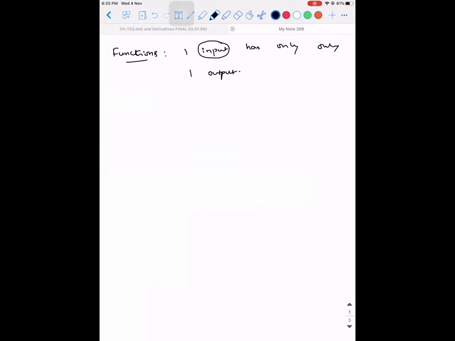That is, if you have two sets, A and B, with elements x1, x2, x3, and so on till xn, and y1, y2, and so on till yn, then if x1 is related to y1, it should not be related to any other element in set B. So if every element in set A is associated only to one element in set B, then we call that a function.